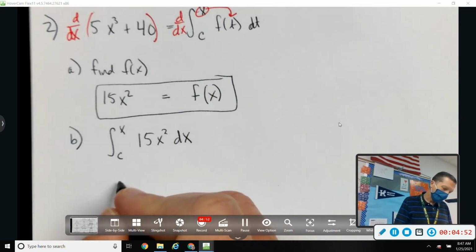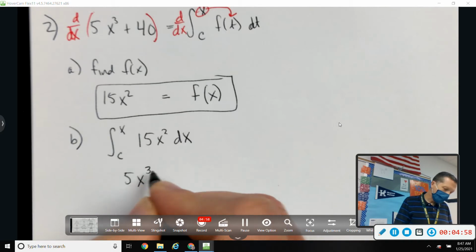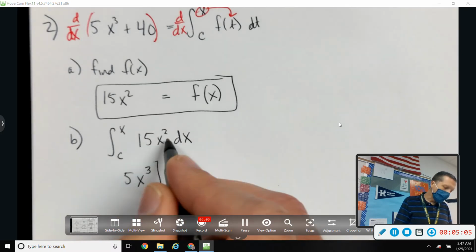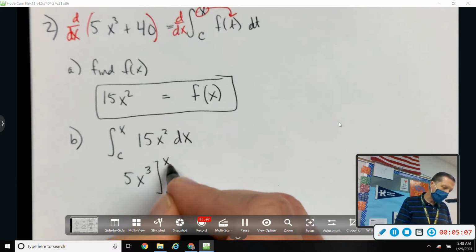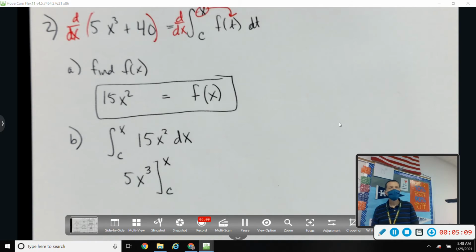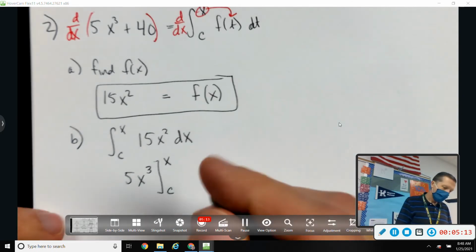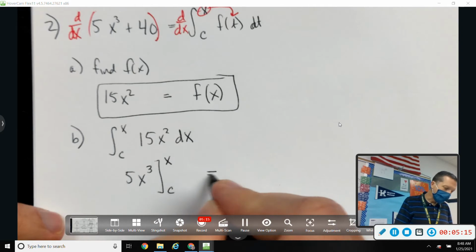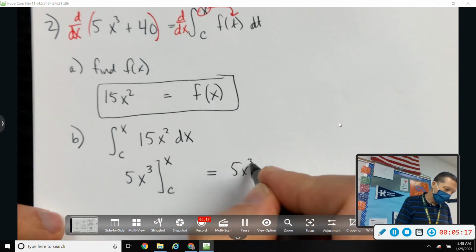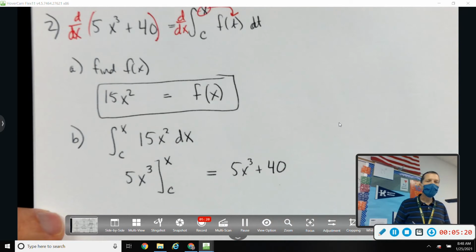Let's see if this will work. If I take the antiderivative of that, I get 5x cubed. I'm not going to do plus c because I'm going to do from c to x. And then I already know that equals 5x cubed plus 40.